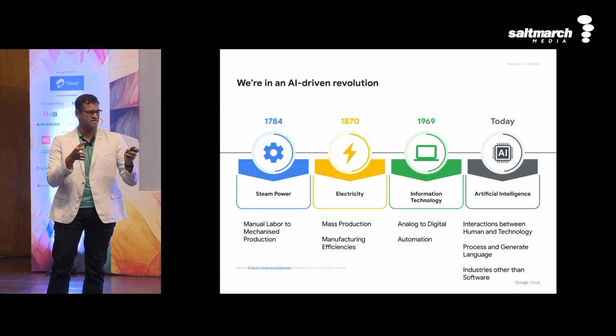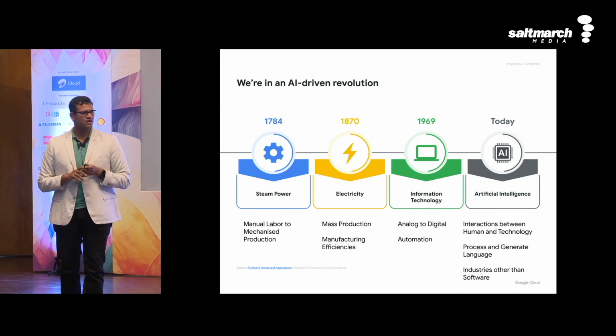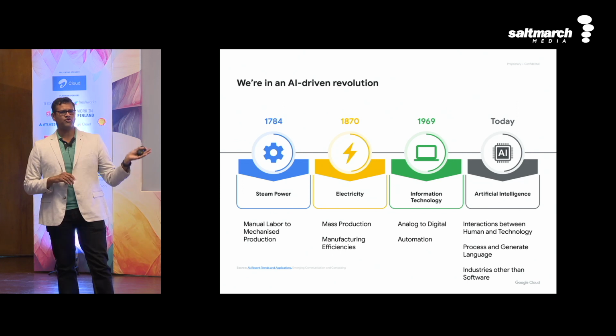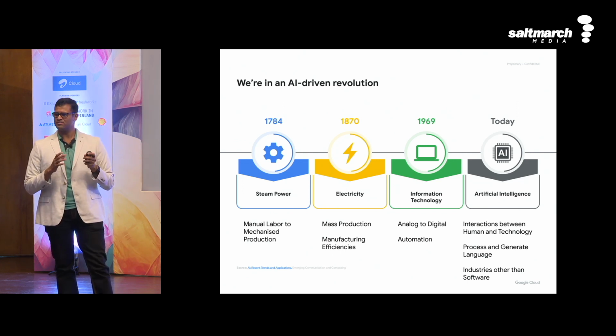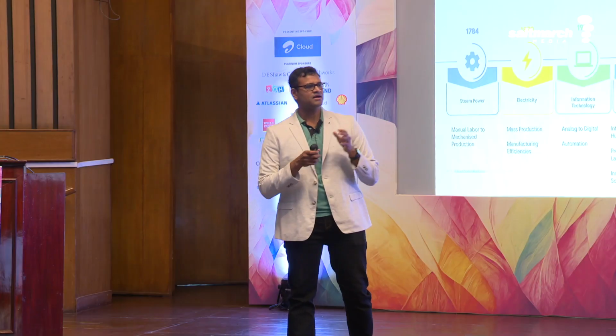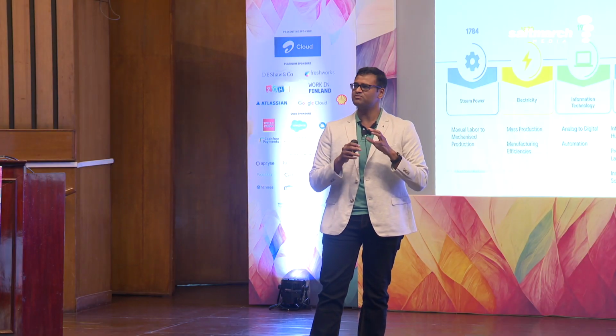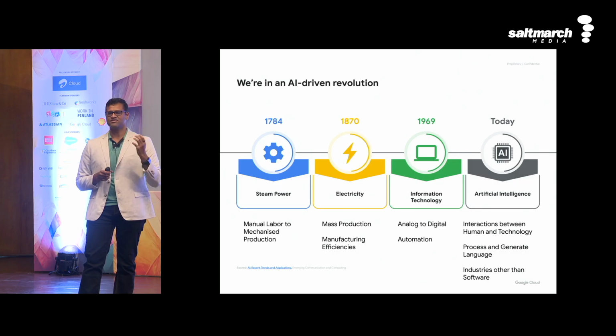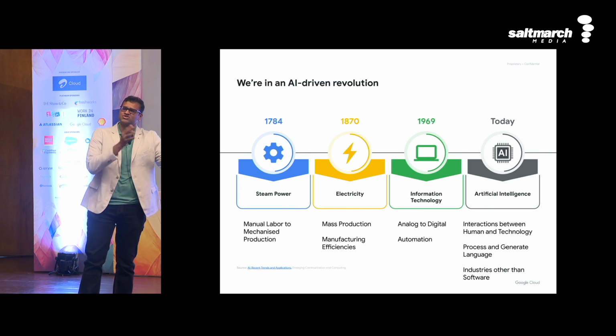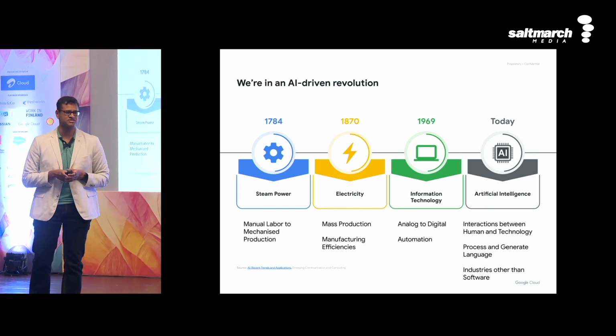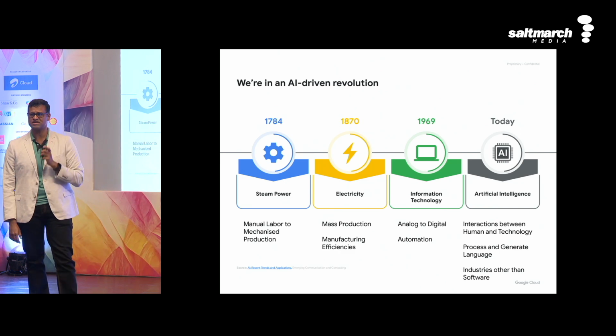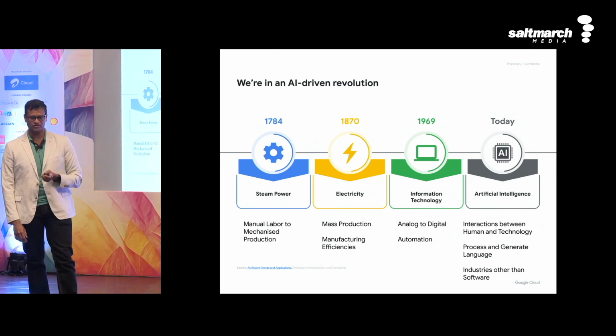That is what these AI models are trying to do these days. There's a huge scope for disruption in the industry. What we are especially seeing, which is unprecedented, is a revolution happening in industries other than software. This is something we have to watch out for.